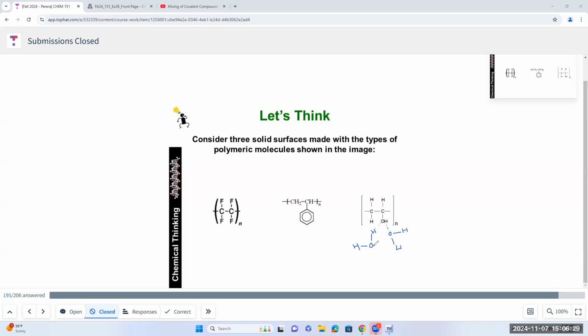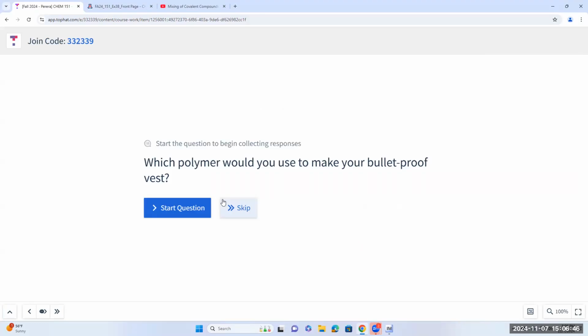All right. I had an example here that I cannot use anymore, but that's okay. Let's say that you're going to go on a humanitarian mission to somewhere like Ukraine.